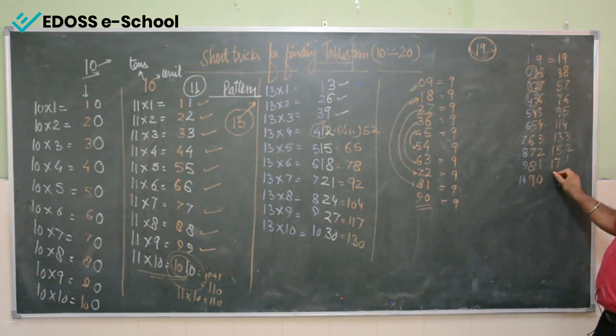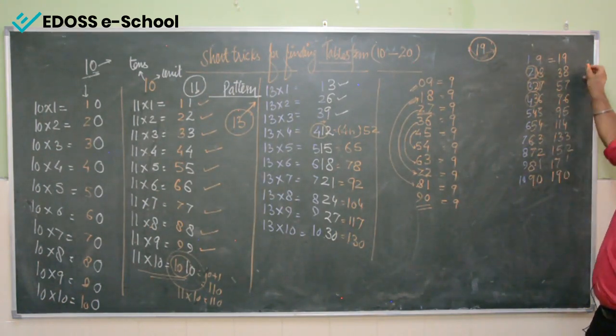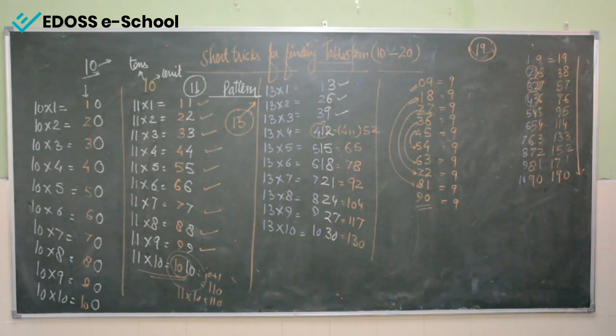And 10 plus 9 equals 19, so 190. This is the table for 19: 19, 38, 57, 76, 95, 114, 133, 152, 171, 190.